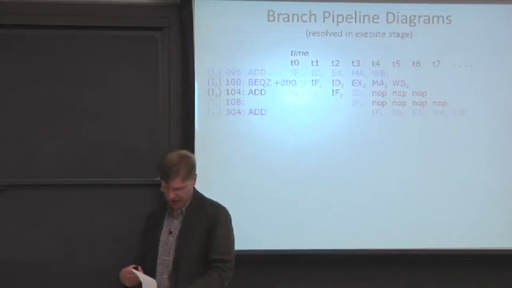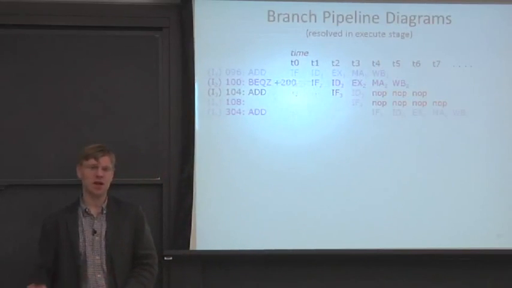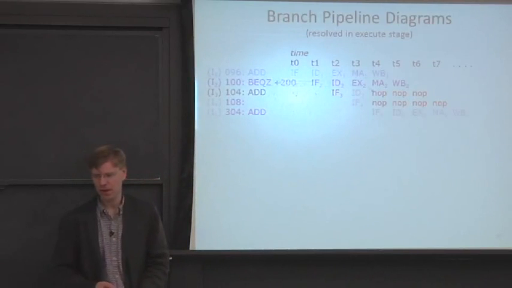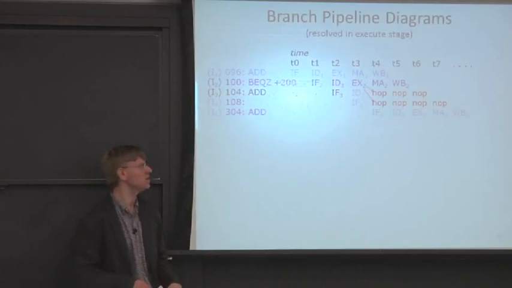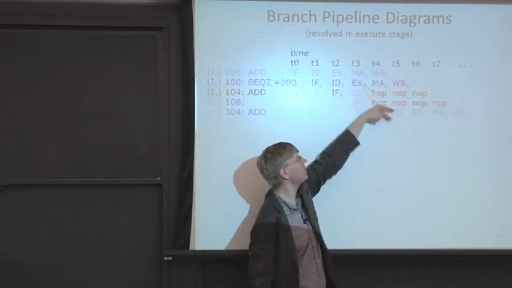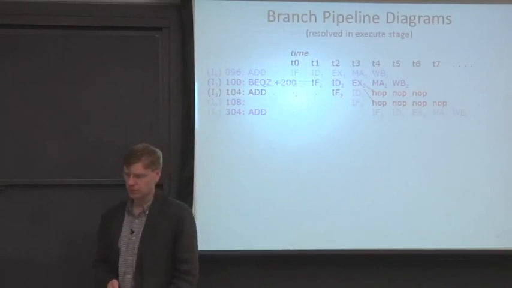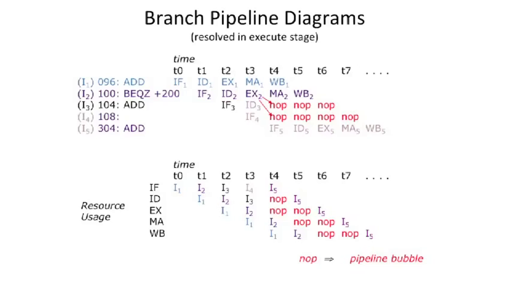This is going to impact our CPI in a negative way. The branch which is in the execute stage is going to reach back and kill these instructions, inserting the no-ops. We can plot this in the other dimension also.